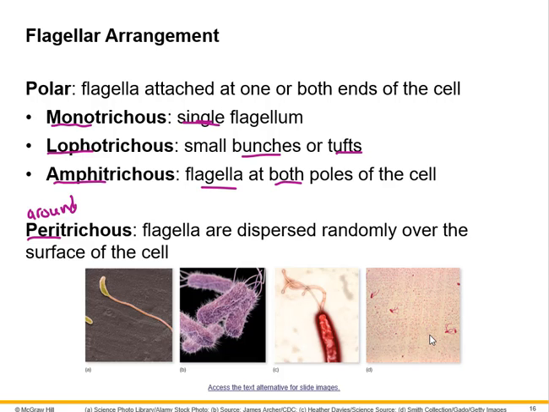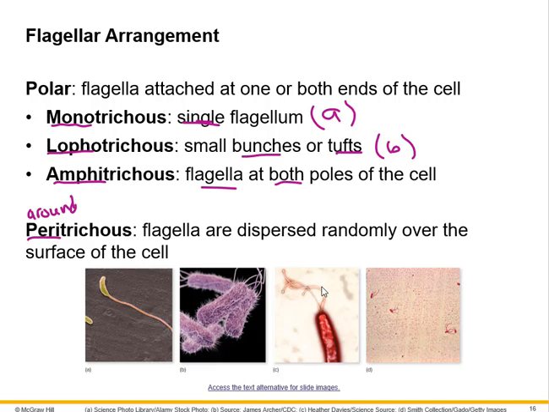So if we look at these various examples, you can see if there's just the one, that's A, the monotrichous, and the lophotrichous, you have a tuft, that's like the picture B down here.